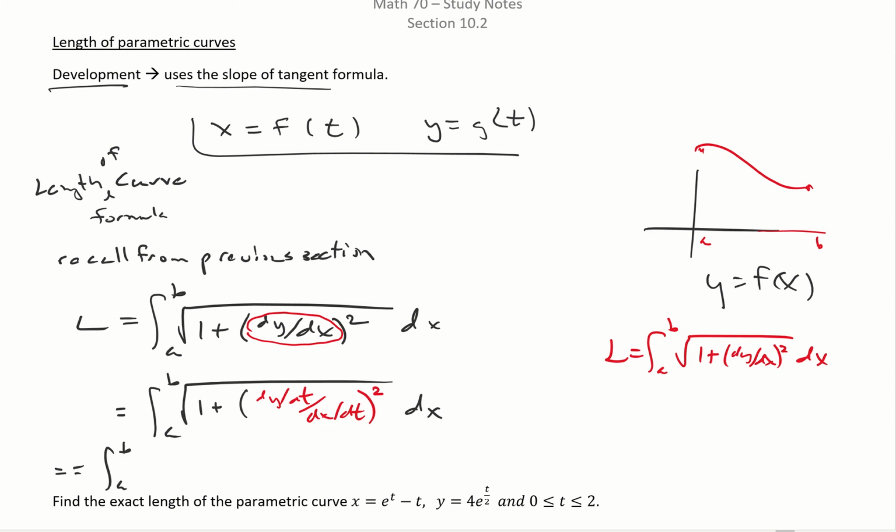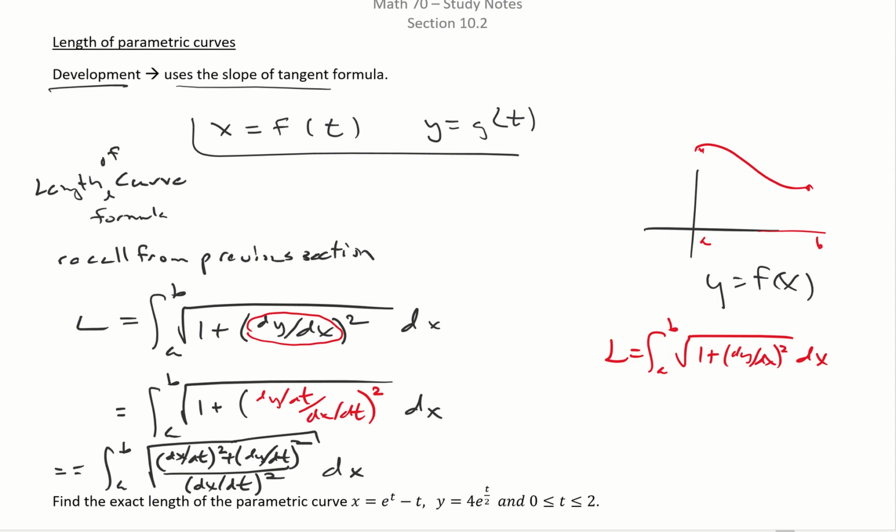Integral a to b, big old square root, make it tall. It's going to be dy dt quantity squared, and then the 1 I'm going to write it as dx dt squared. So it's going to be dx dt squared plus dy dt squared over dx dt squared, dx.